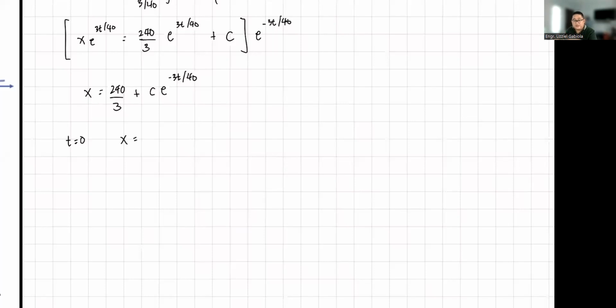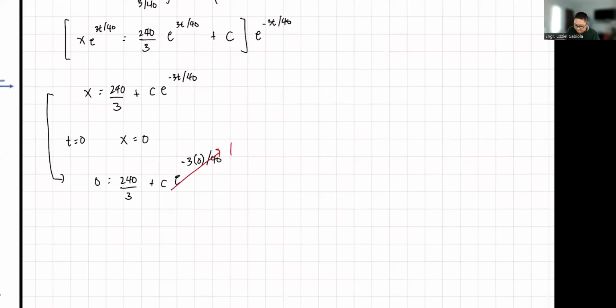So, pure water pa siya, no? So, ibig sabihin 0 yung x natin kapag initial condition. So, sa-substitute natin yung values na yan. So, 0 is equals to 240 over 3 plus c e^(-3 times 0 over 40). So, itong nasa to, pag kinalculate natin, e raised to 0 na yan. So, that will be equal to 1.